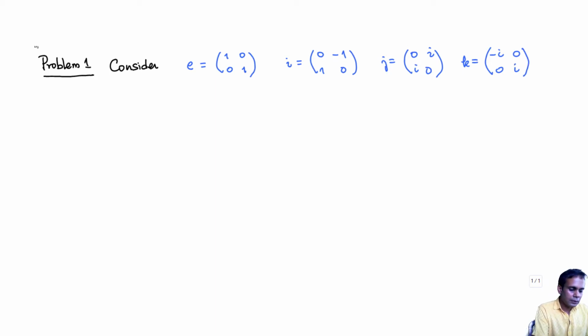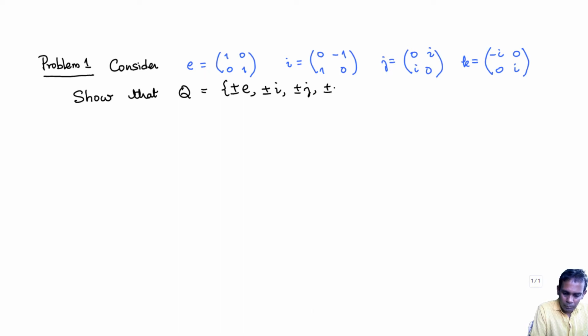And the problem is, show that Q equals plus or minus E, plus or minus I, plus or minus J, plus or minus K is a group under matrix multiplication.